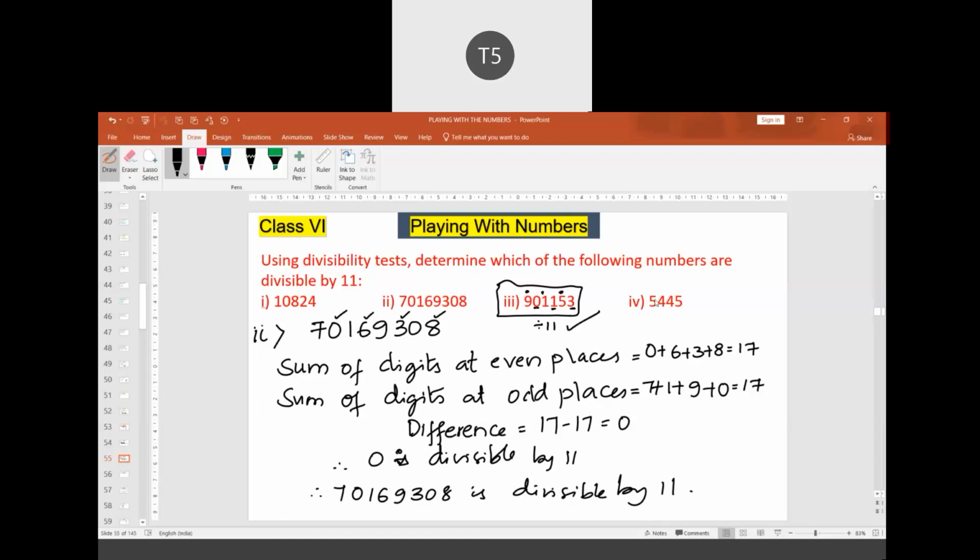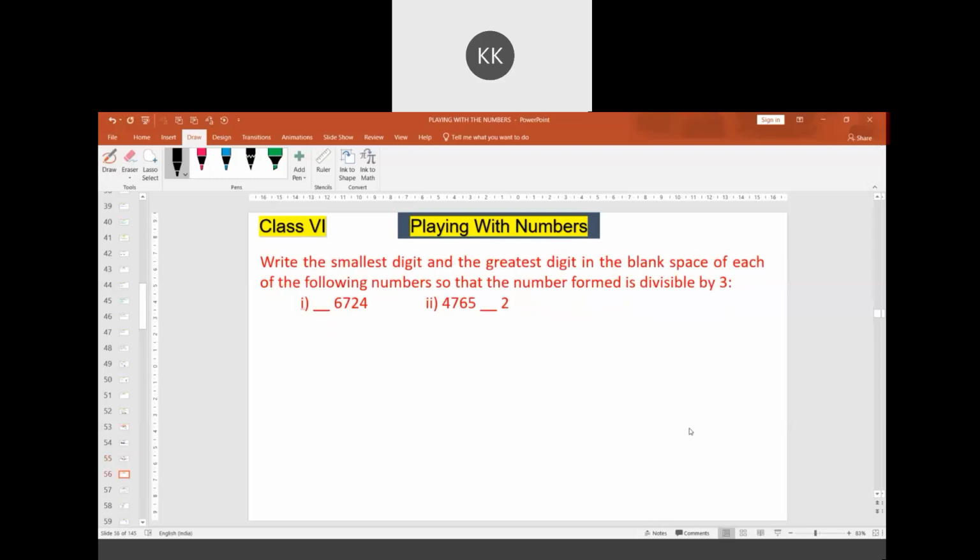Now if you take this number, 5 added to 4 is 9, and 4 added to 5 is 9. So the difference is 0, and this is also divisible by 11. Have all of you understood now? Yes, sir.